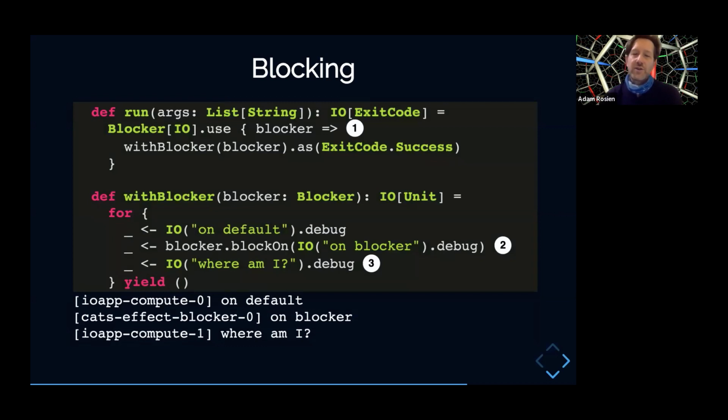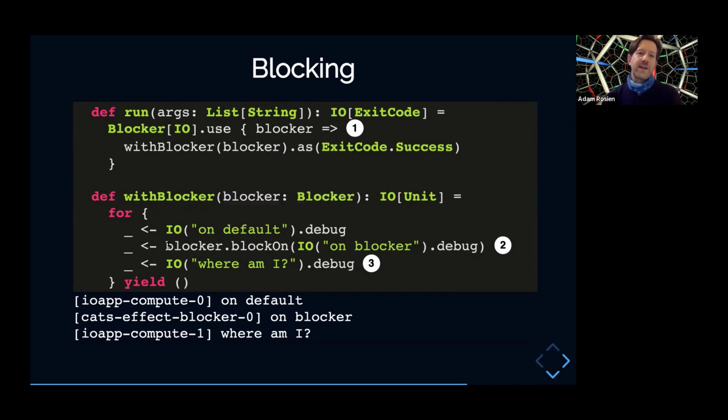In Cats Effect 2, this changes in Cats Effect 3, so put on your Cats Effect 2 goggles. There's just a bit more of an abstraction. Instead of creating just any old IO, we decorate that IO using what's called a blocker.